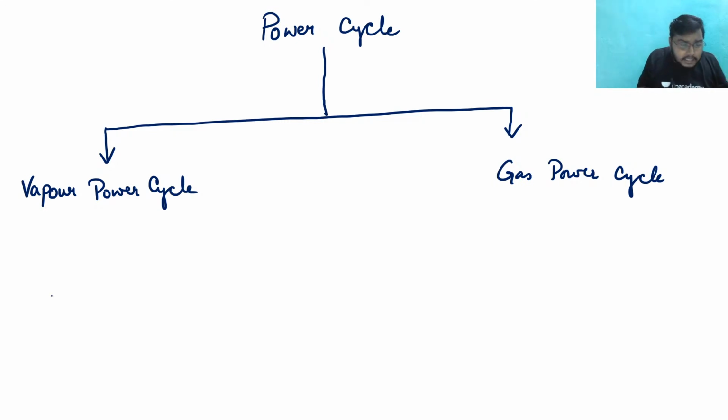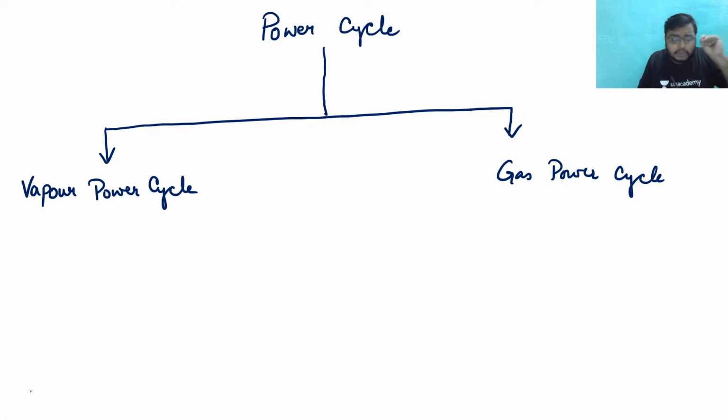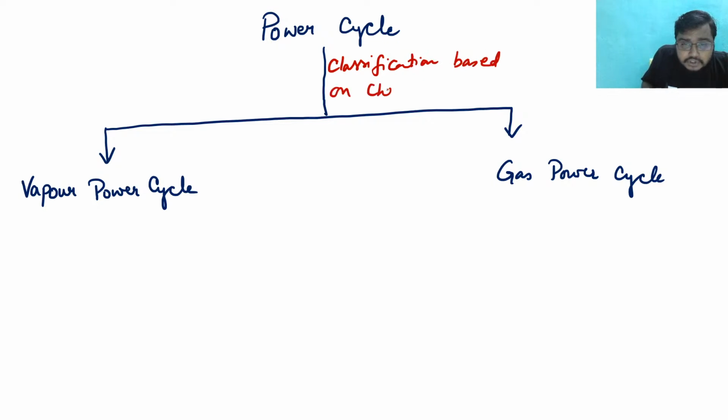There is a thin line that you should always keep in mind. This is the classification based on change of phase. What is the meaning of phase?